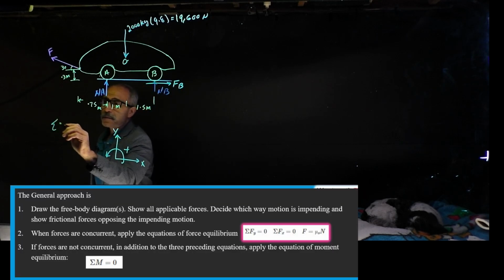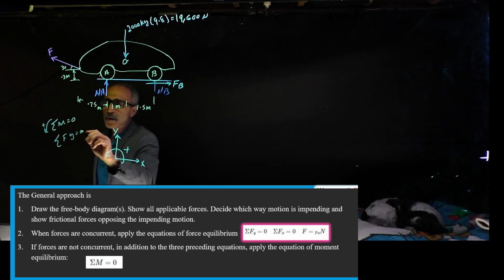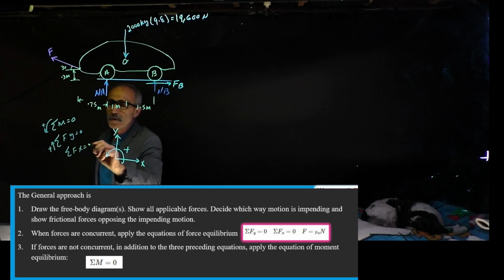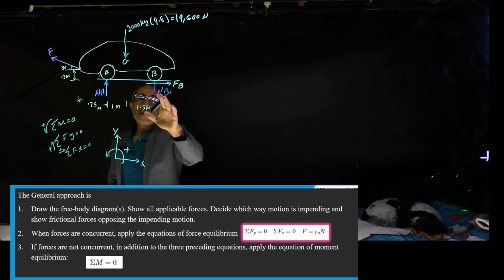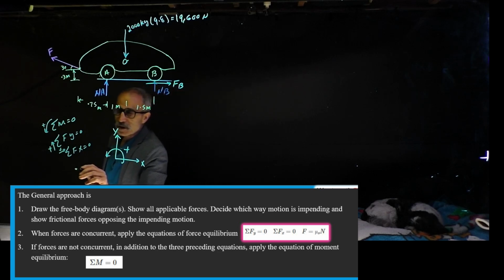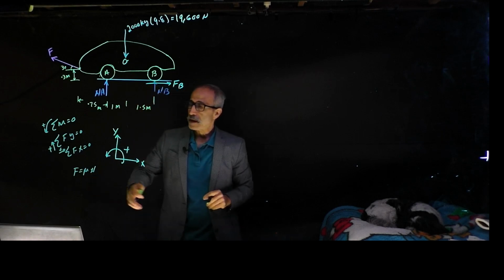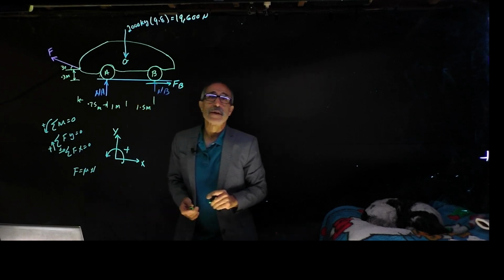We always say summation of moment is equal to 0, counterclockwise is positive, summation of F of y is equal to 0, going up is positive, summation of F of x is equal to 0, going right is positive. Basically that's what we're saying. Because we have friction, F is equal to mu times N. In this case it will be mu times NB, and I think mu is 0.3 here.